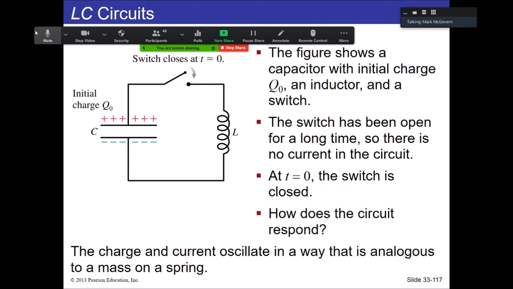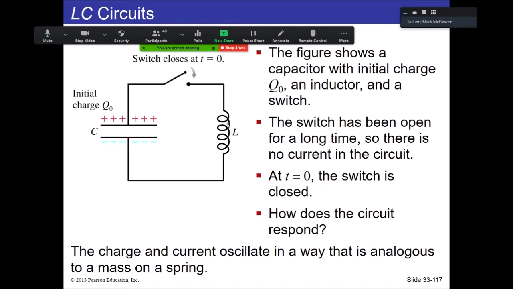Well, what will happen is the capacitor is going to want to discharge. But as the current starts to grow here, because this is discharging, there's going to be a potential drop that will exist here. As the charge starts to leave, the potential difference on the capacitor will start to go down, and on the inductor, it's going to start to go up.